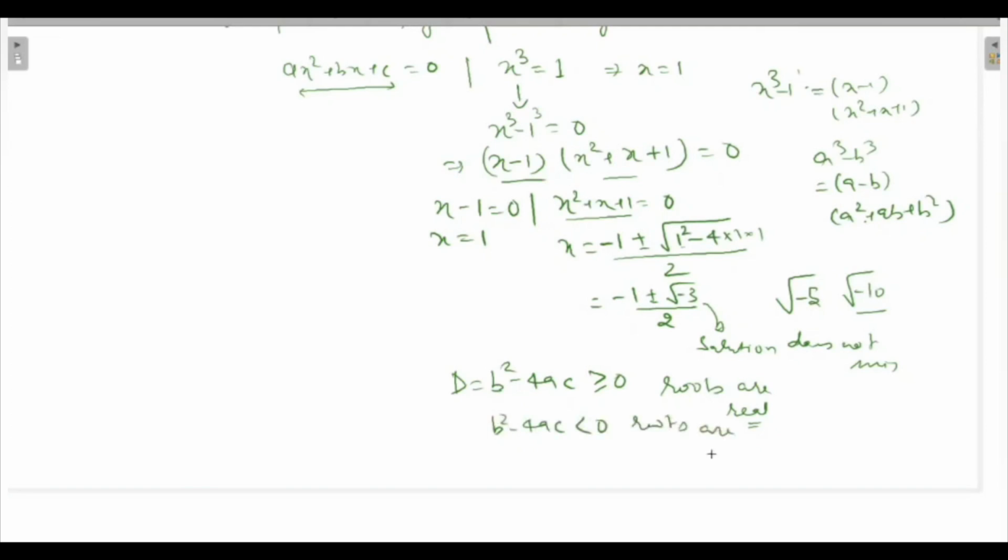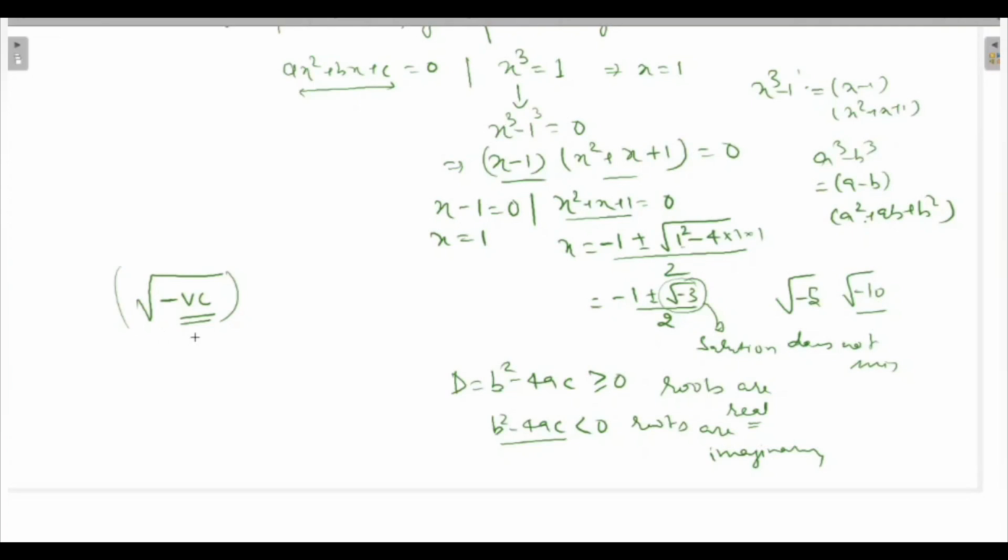Something like this was introduced to counter the problem they were facing: whenever they got a negative quantity inside a square root, they defined the roots as imaginary.